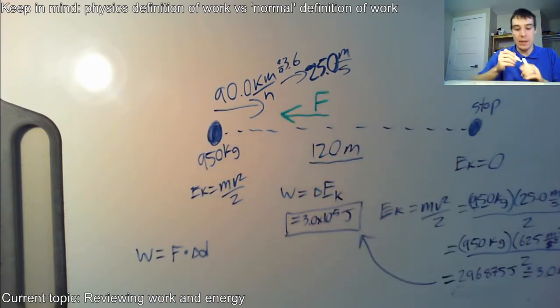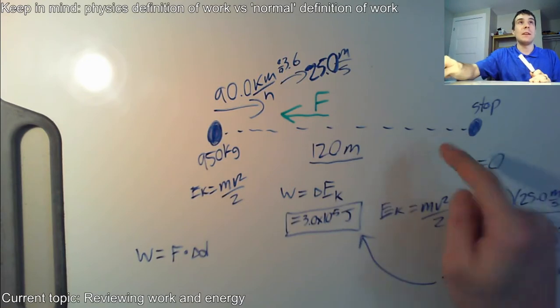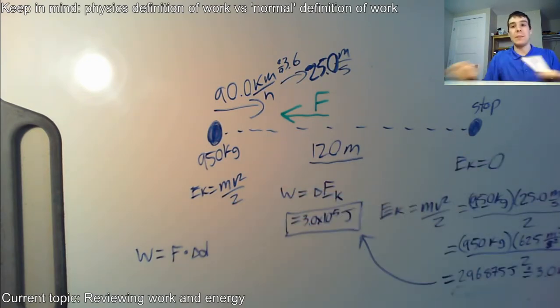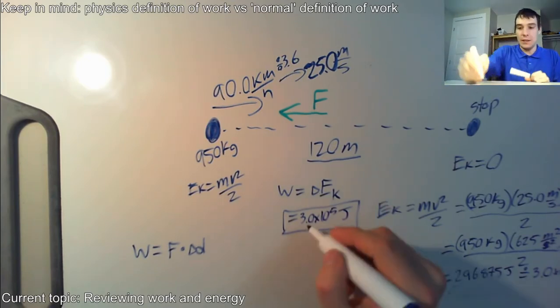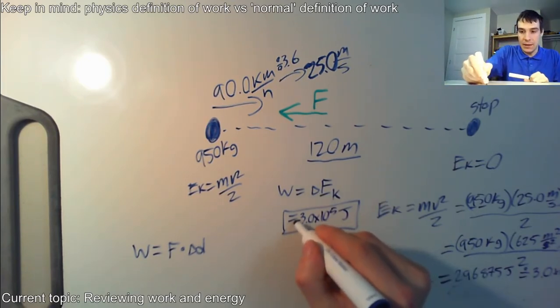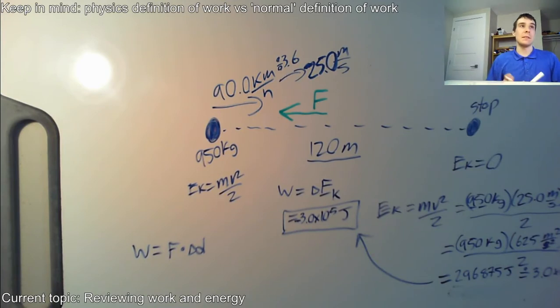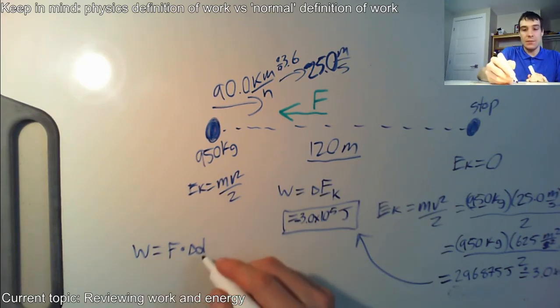The displacement's this way. The force is that way. We're going to end up with negative work. You can tell that this is going to be negative. We started with kinetic energy and then finished with none of it, so that's going to be negative 300,000 joules.